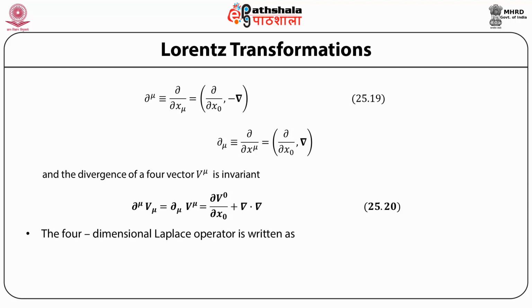The 4-dimensional Laplace operator is written as the d'Alembertian operator, which is equal to ∂_μ ∂^μ, which is equal to ∂²/∂(x^0)² minus del operator squared.